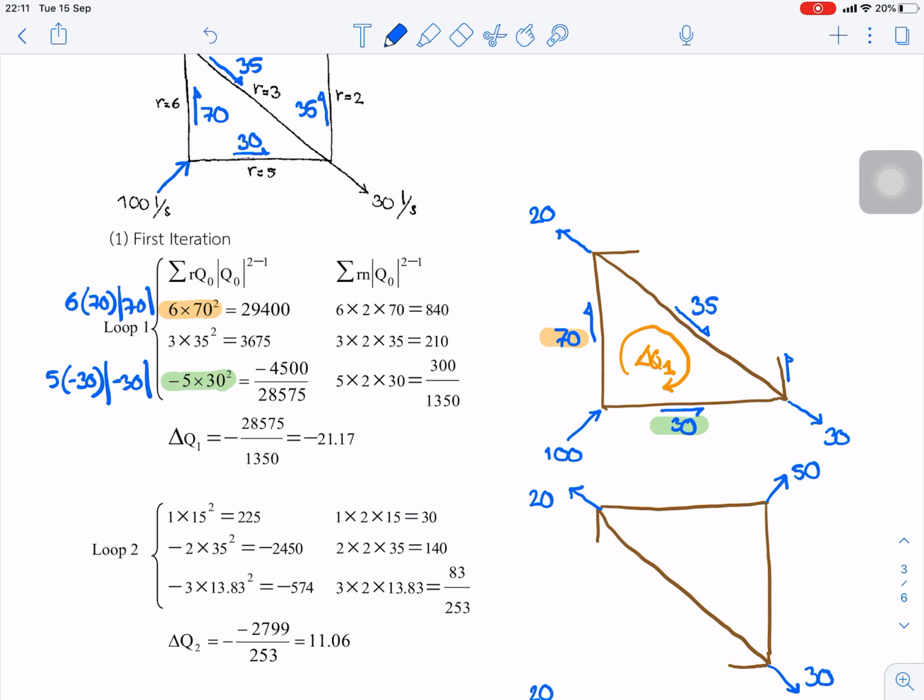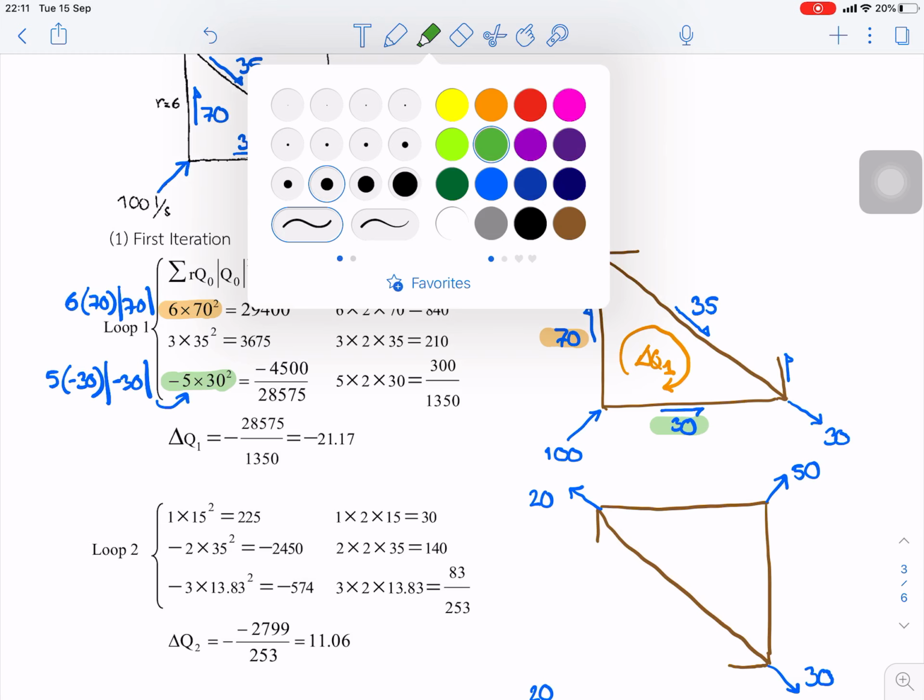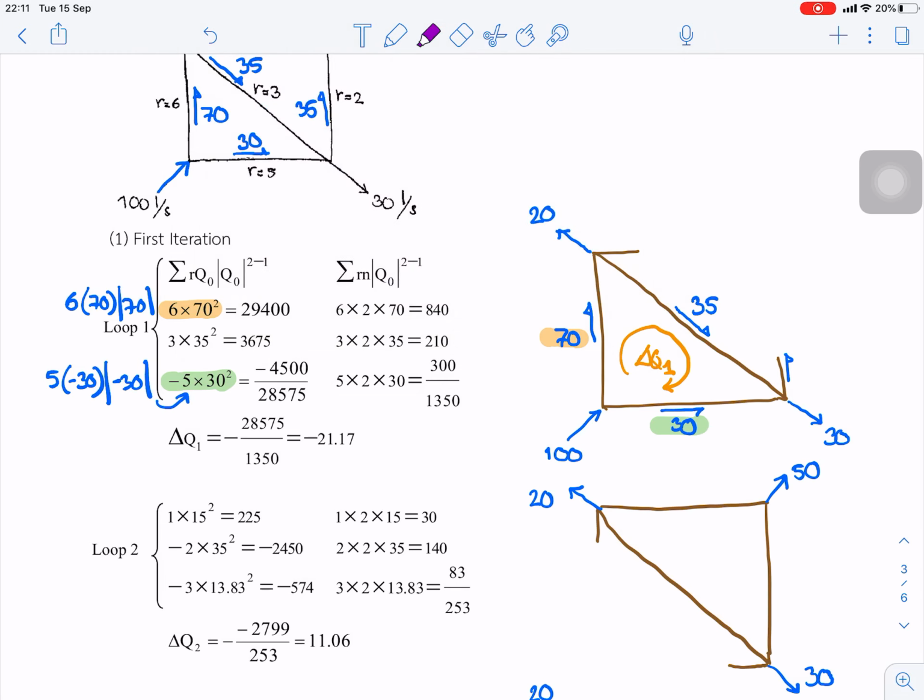So this is why we got the negative 4,500. And another one is for this 35. So the summation of these terms is about 28,000.